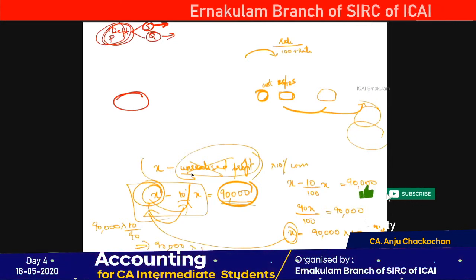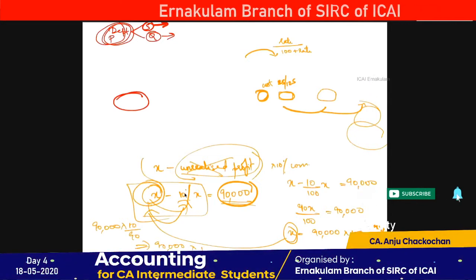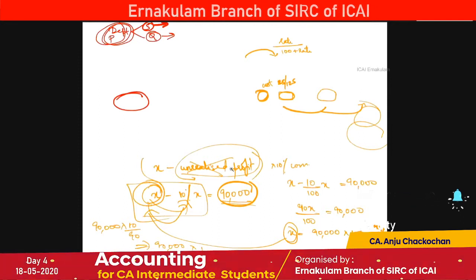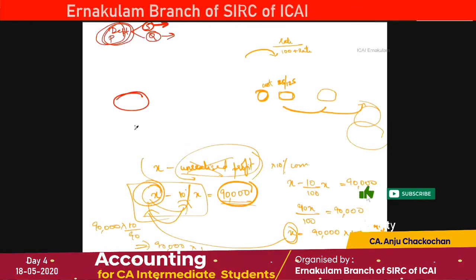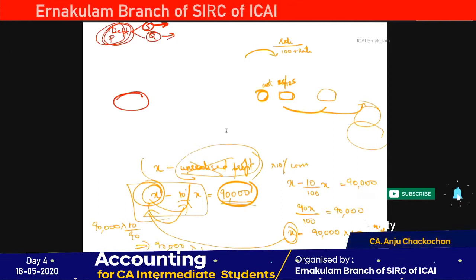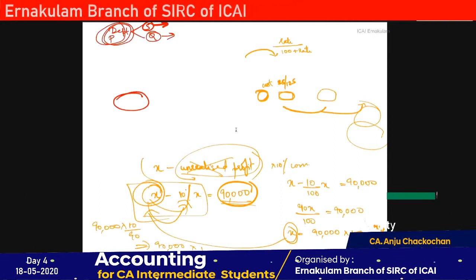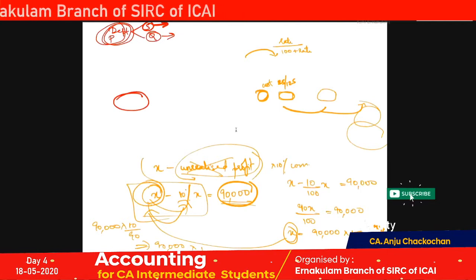And to this, if you apply 10%, you get the commission. So 100 cancels. So 90,000 into 10 by 90, or nothing but 1 by 9. This is how the ratio of 1 by 9 is obtained.